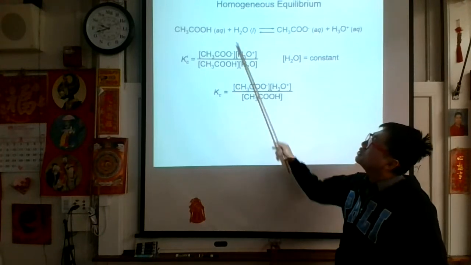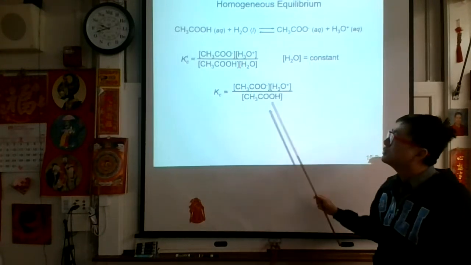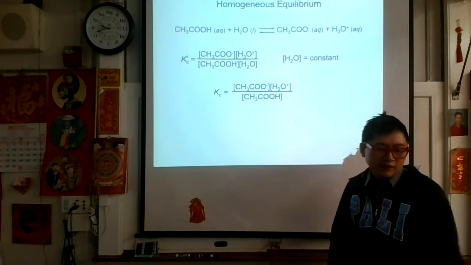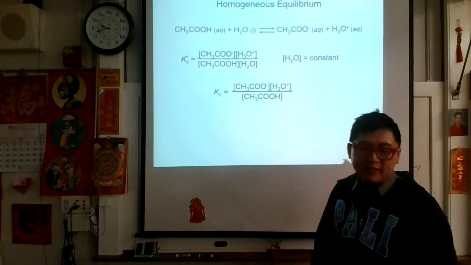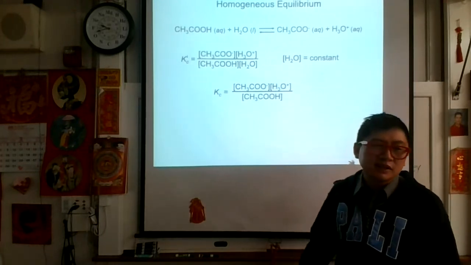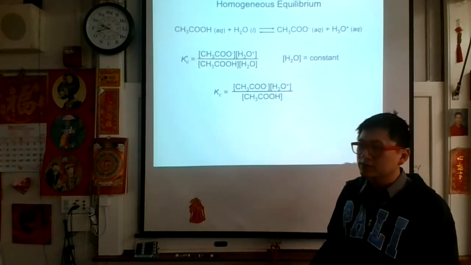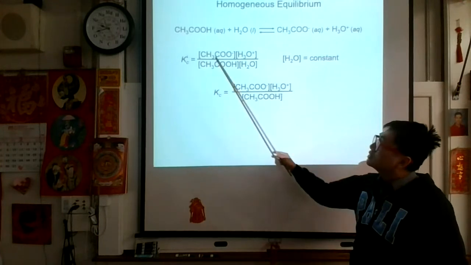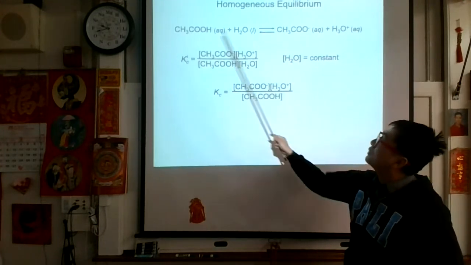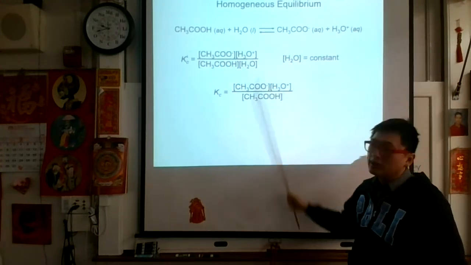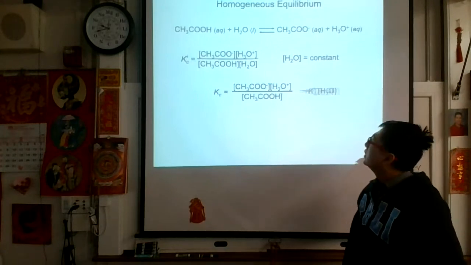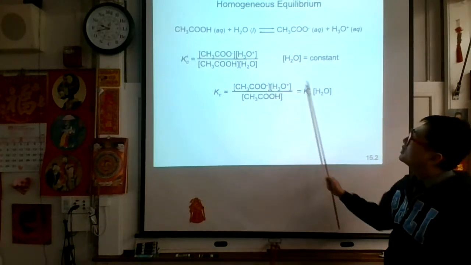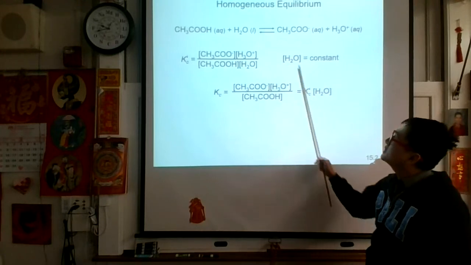So with all the aqueous stuff, we don't include water in an equation. In fact, later on, we're not going to include any solids either. Solids and liquids, later on in the notes, we will not include in the equation for Kc. Technically water is included, but water is constant.